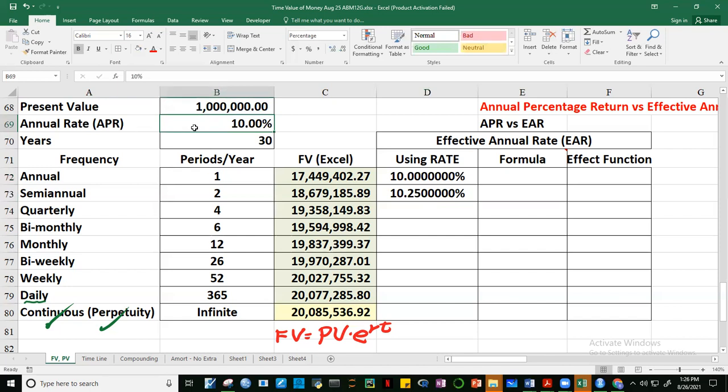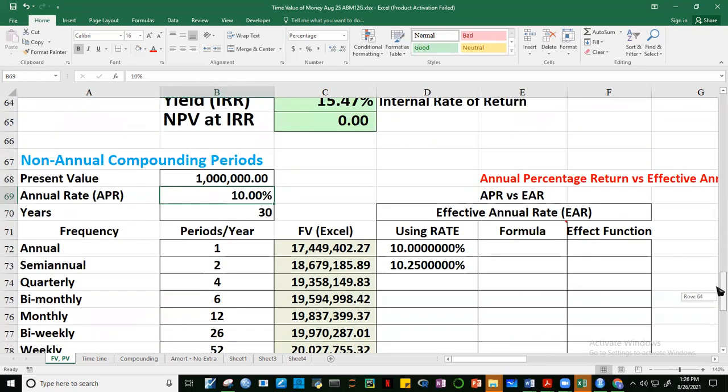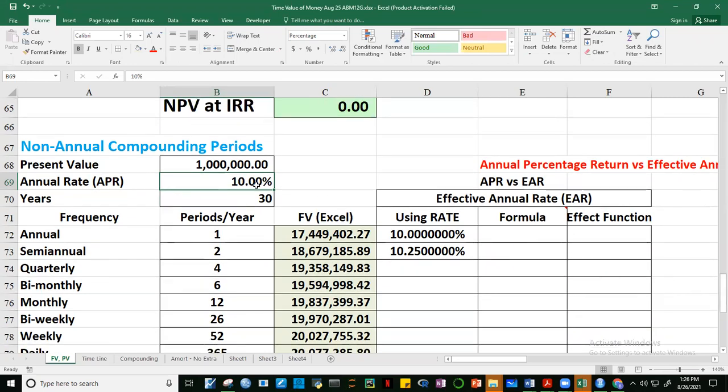It has many names. When we transact, guys, unless there is a specification like 5% semi-annual, if there is no such specification, the interest is always annual. So if it just says 10%, automatically it's annual. So that's the annual percentage return or the nominal rate or the stated rate. Okay?